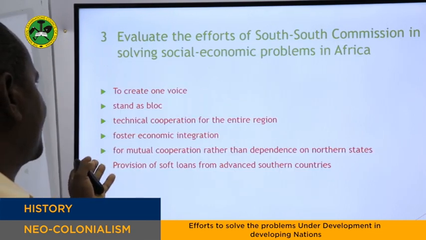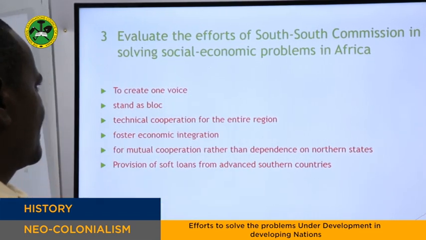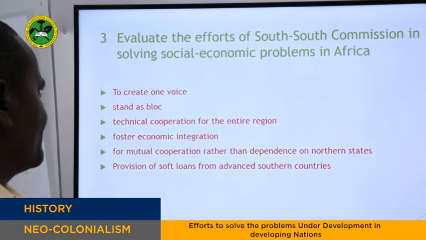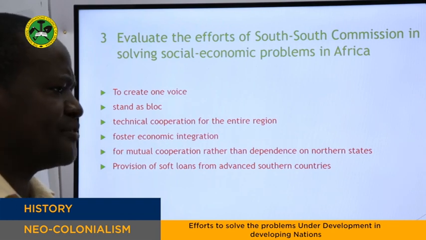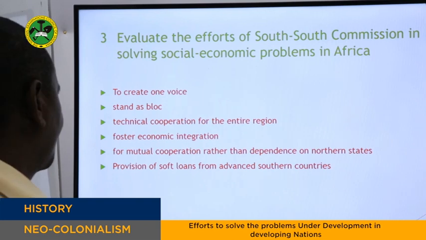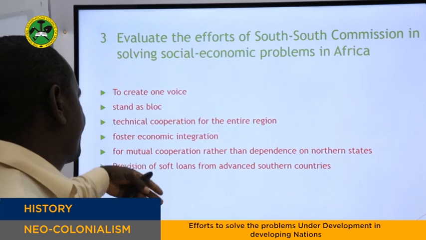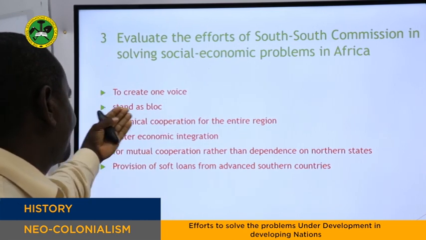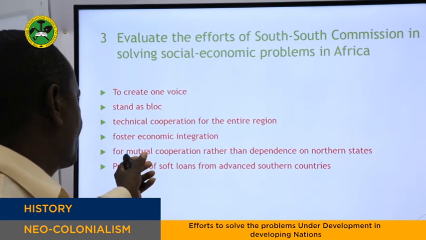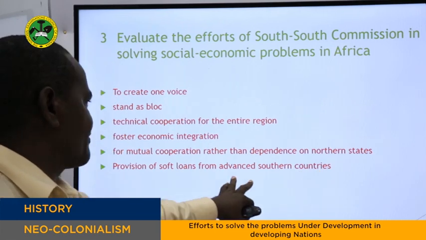The third and last question is: evaluate the effort of the South-South Commission in solving problems in Africa. What part has been played so far by the South-South Commission in solving the socio-economic problems in Africa? One, of course, as we have said for the non-aligned movement, the points look very much the same: to create one voice, stand as a bloc, technical cooperation for an entire region, foster economic development, mutual cooperation rather than dependence on the northern countries, and also provision of soft loans from the advanced southern countries.